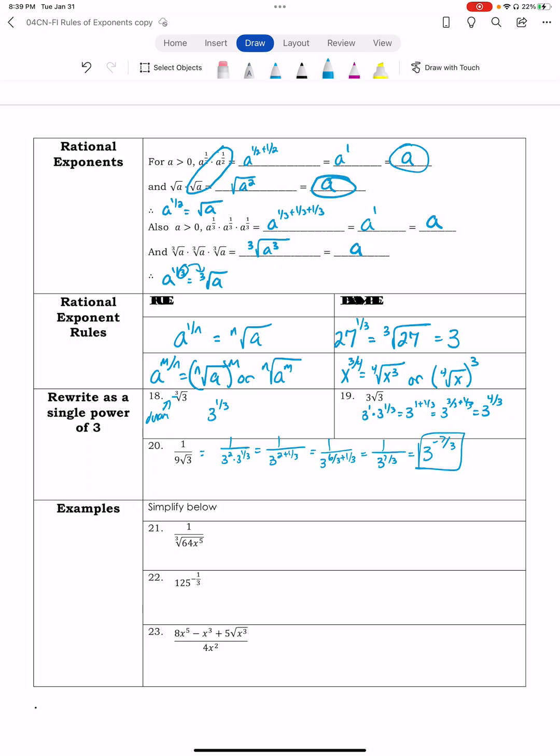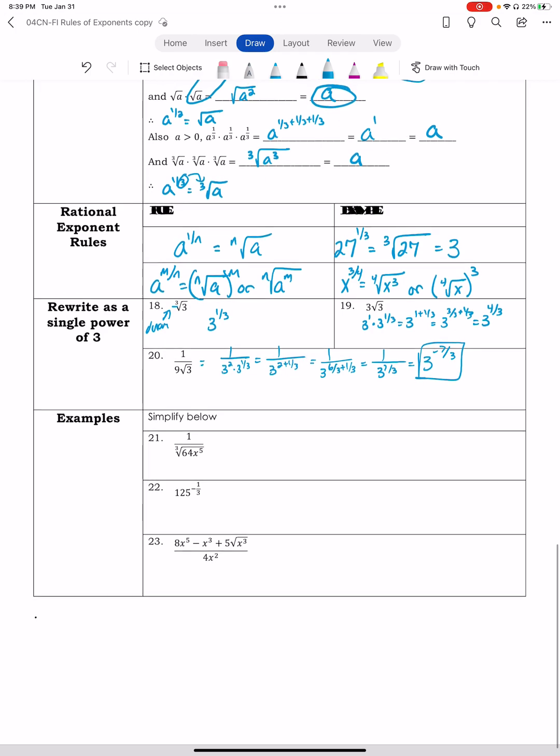All right, last 3 examples, so not too big of a deal. Just simplifying. So for this here, I have 1 over the cubed root of 64 and the cubed root of x to the 5th.